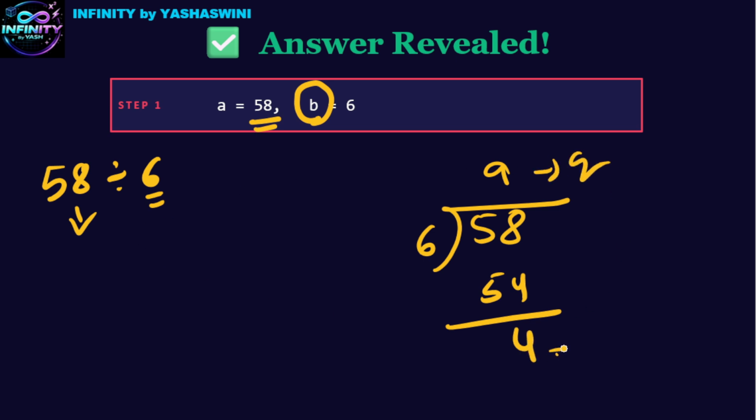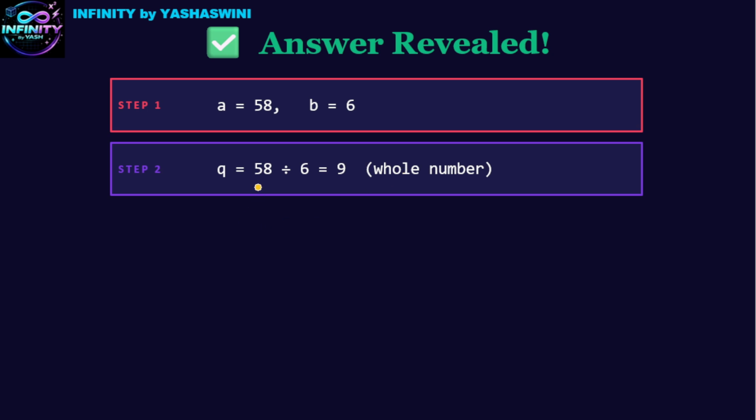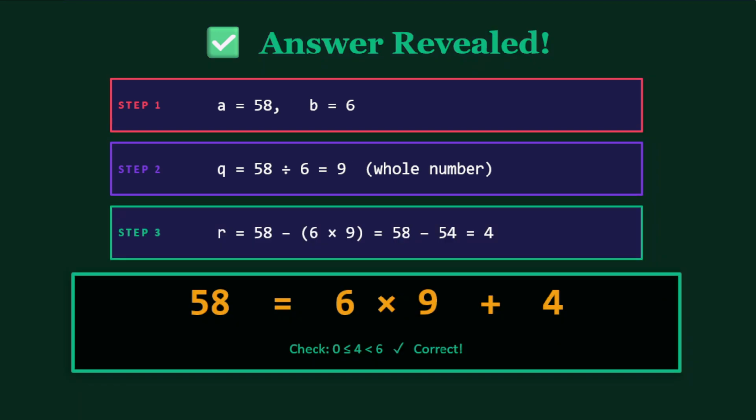So this becomes the quotient and this becomes the remainder. So Q is 58 divided by 6, that is 9, and the last step is, we have remainder 4. So according to Euclid's division lemma, we can write it as A is equal to B into Q plus R. That is, B is 6, Q is 9 and R is 4, and the condition is also satisfied.